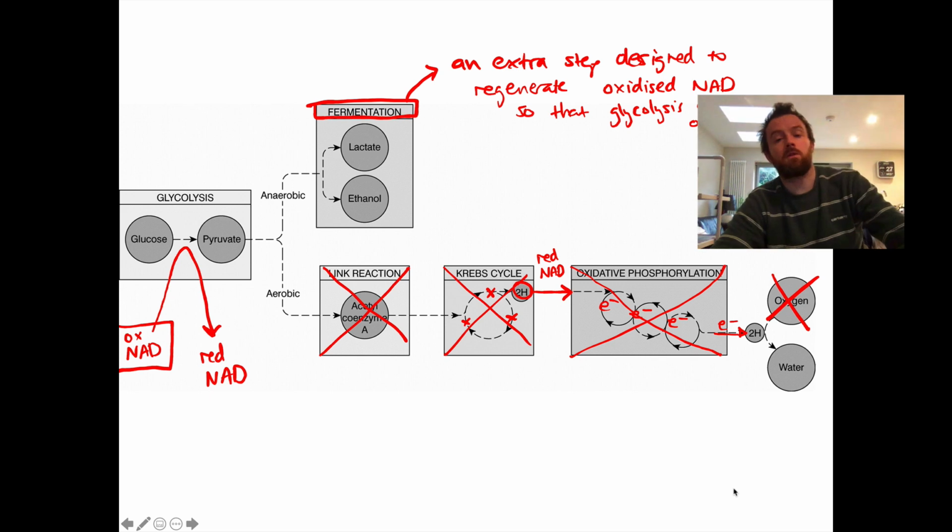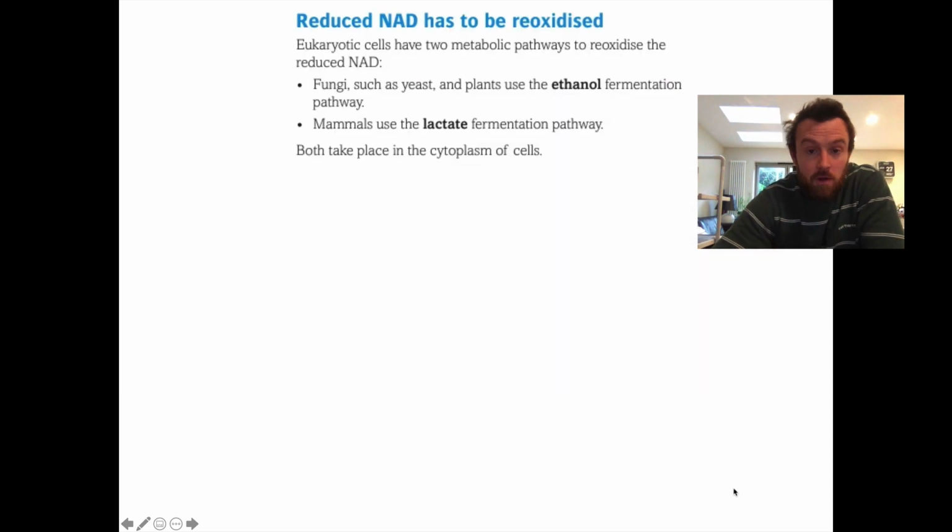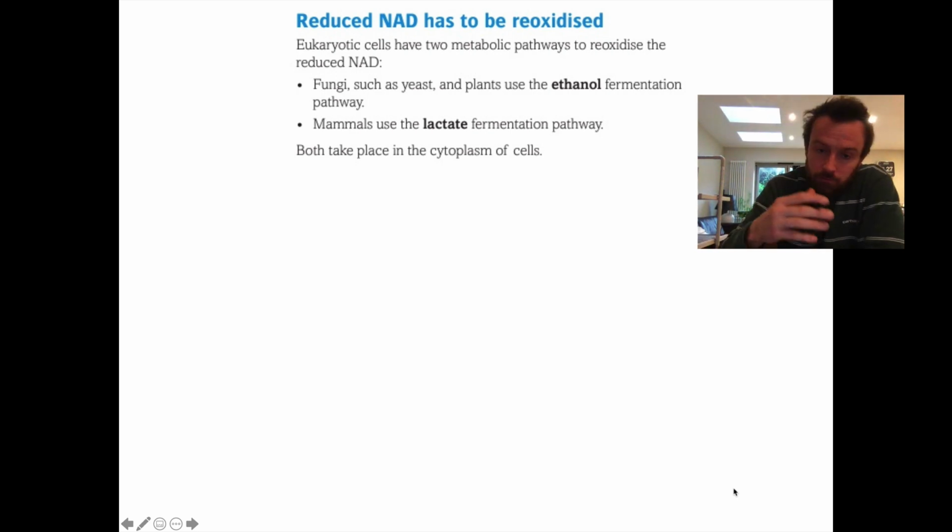There are 2 ways that we can do that fermentation, depending on what type of eukaryotic cell you are.